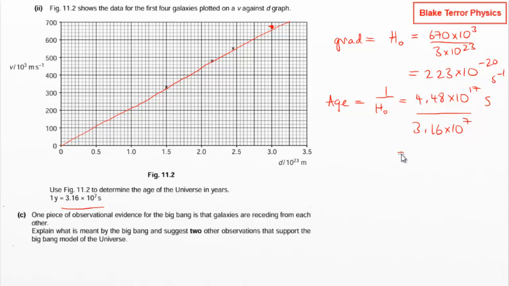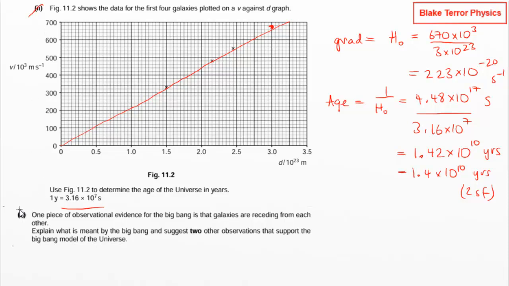That is going to give 1.42 times 10 to the 10 years, which is 14 billion years, what we'd expect. So let's put that down as 1.4 times 10 to the 10 years to 2 significant figures, or even 2 significant figures might be pushing it. So that is that part.